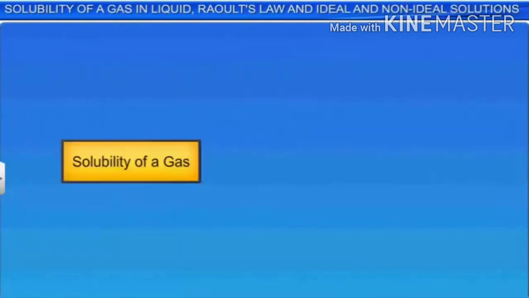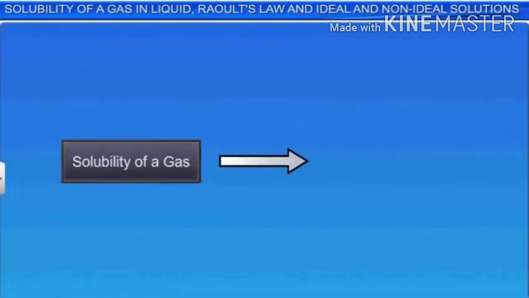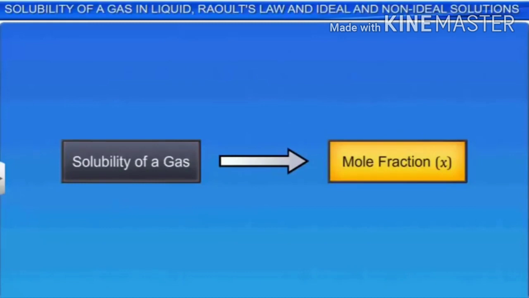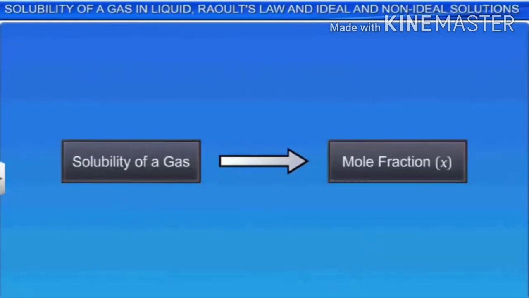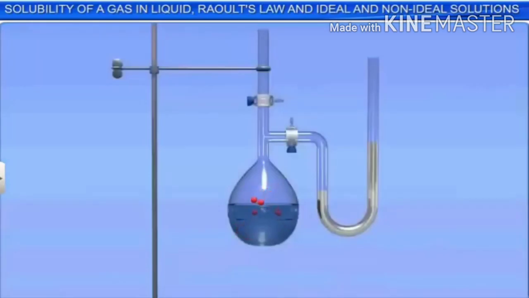If the solubility of a gas is expressed in terms of the mole fraction, then the statement of Henry's law becomes: the mole fraction of a gas in a solution is proportional to the partial pressure of the gas over the solution.